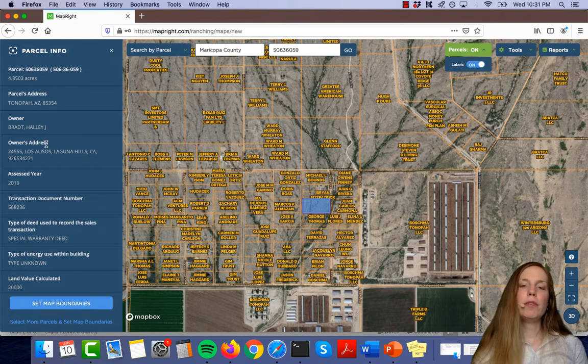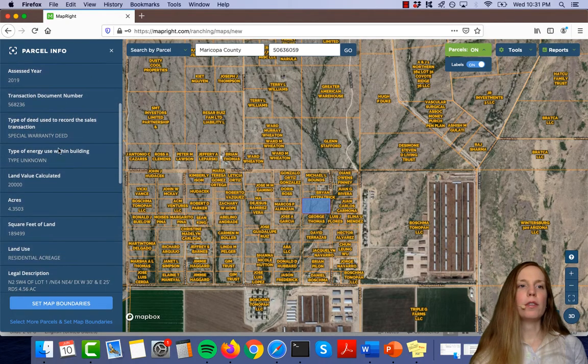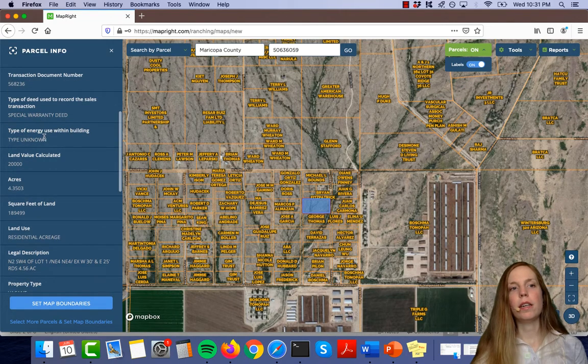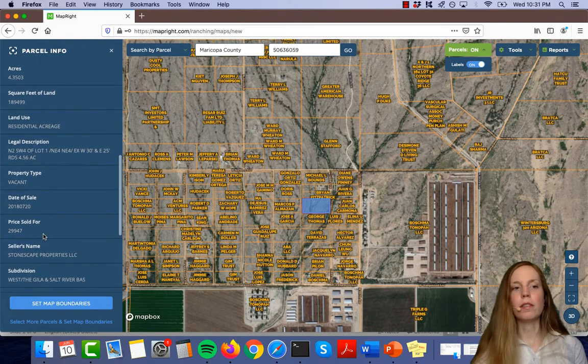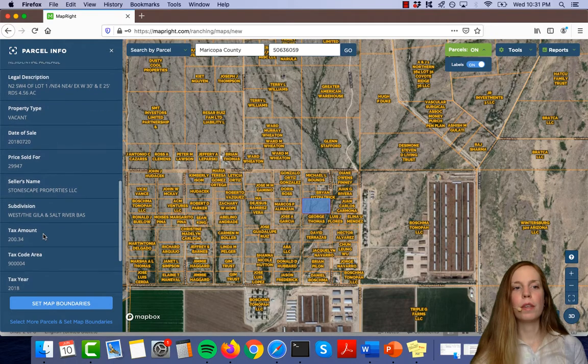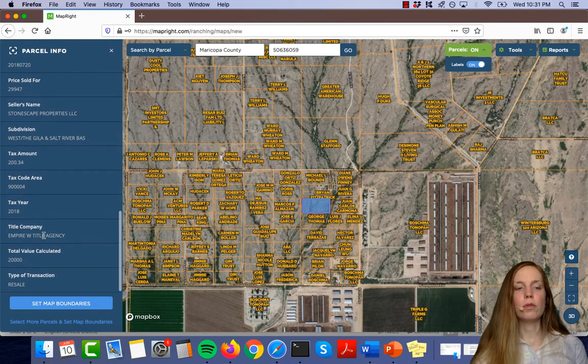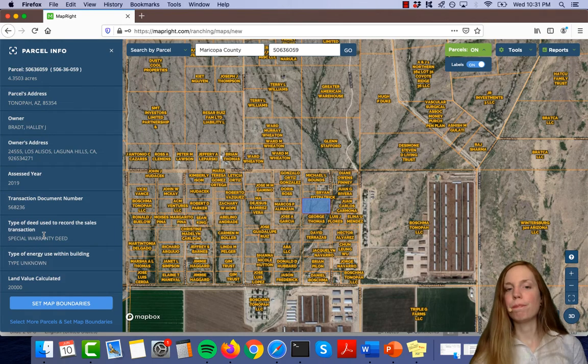But a lot of great information here, whether you're looking for a one-off parcel, or you are a land investor yourself. We have current owner, owner's address. We actually have information on the last transaction, so the last sale that occurred, including document number, type of deed. We also have size, land use, legal description, the price the property was last sold for, tax amount. So really great information here.